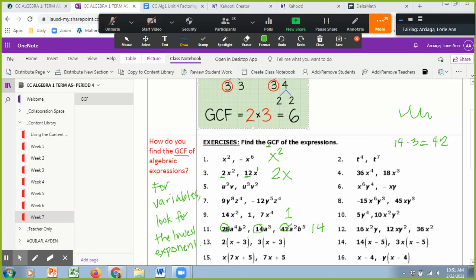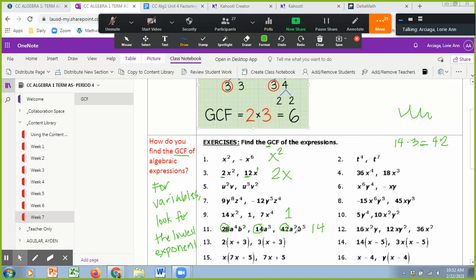Now look at the variables. There are two variables, so let's look at A first. What's the lowest power of A? Come on, you don't have to think hard.